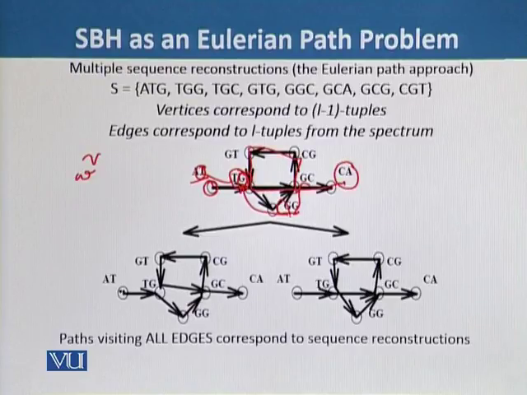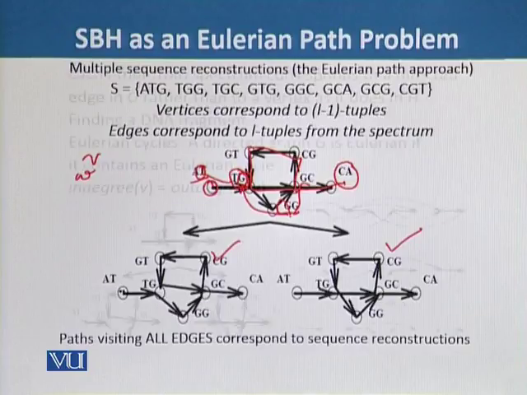In this way we get two different superstrings, and they differ from each other because the path in the Eulerian graph is different for each of these two superstrings. So this approach is much better than the Hamiltonian path problem, and with it we can get the rearrangement of the sequences.